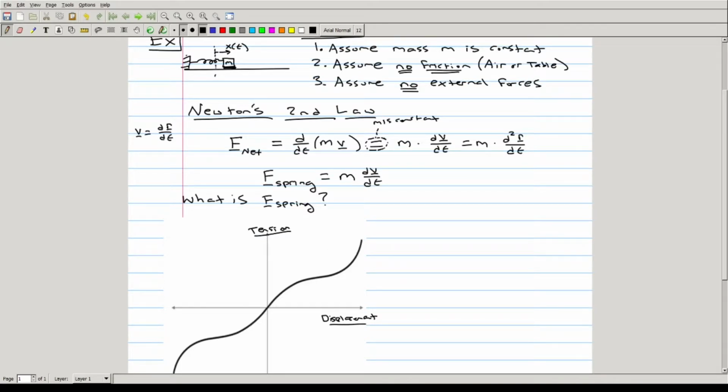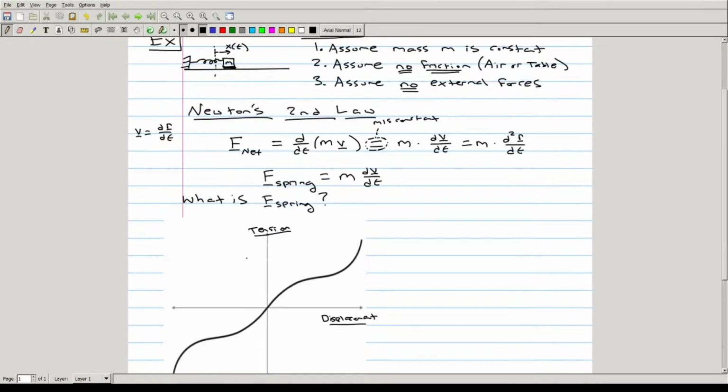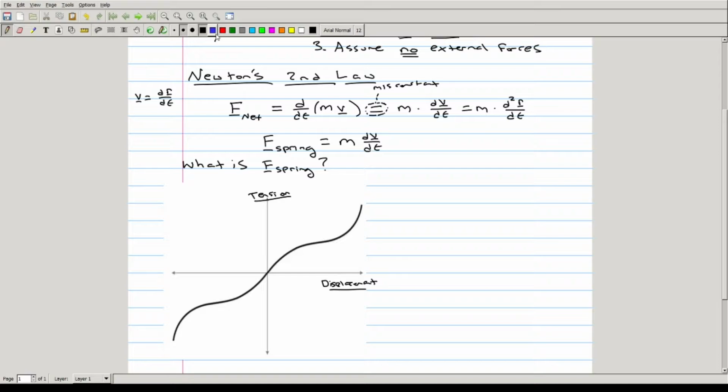And the idea here is that if x is positive, you're going to have a positive tension in the spring, and if x is negative, you should have negative tension in the spring, or compression in the spring. So I want to point out here that this curve is nonlinear in general. But for a very small region, say from right here to right here, the curve is approximately linear.